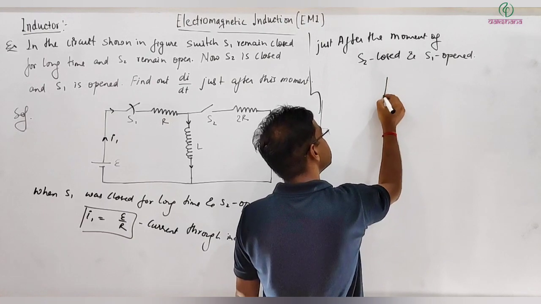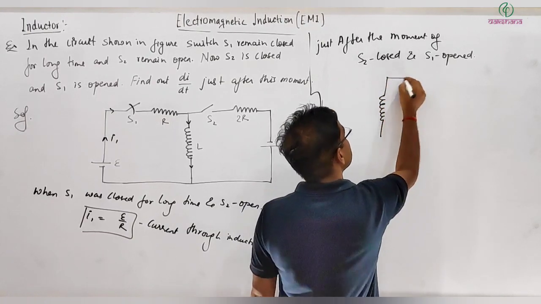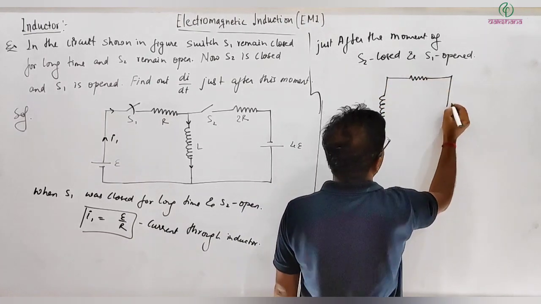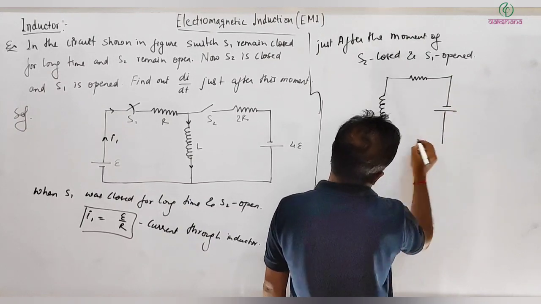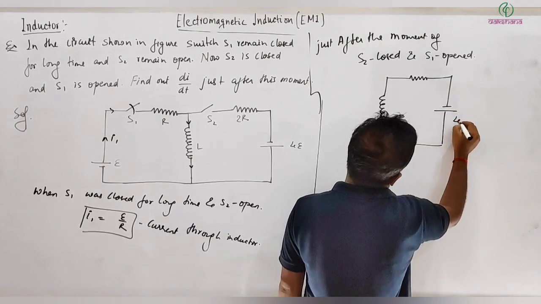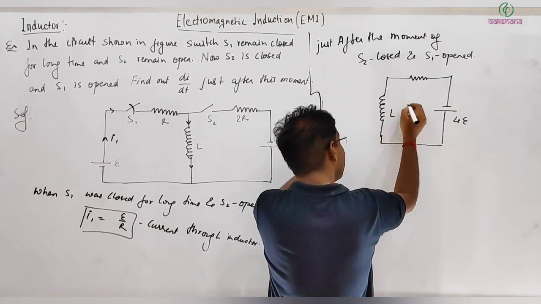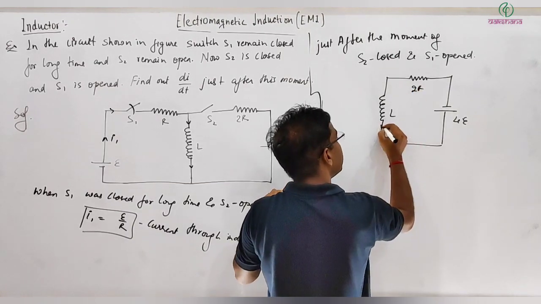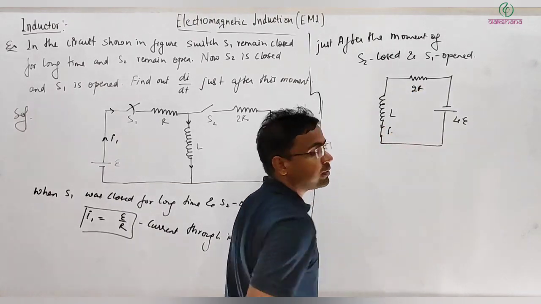The situation will be, this is the inductor, this is the resistor, and the battery this way. So this is 4E, this is L, 2R, and here current I will be flowing.